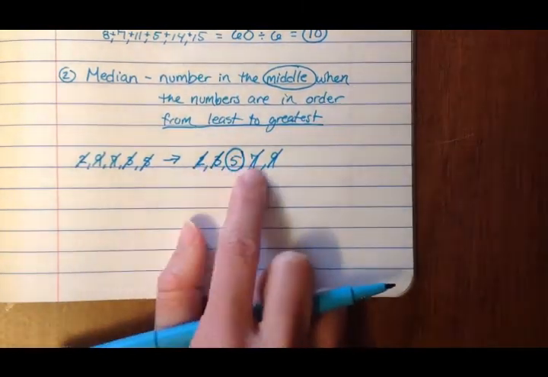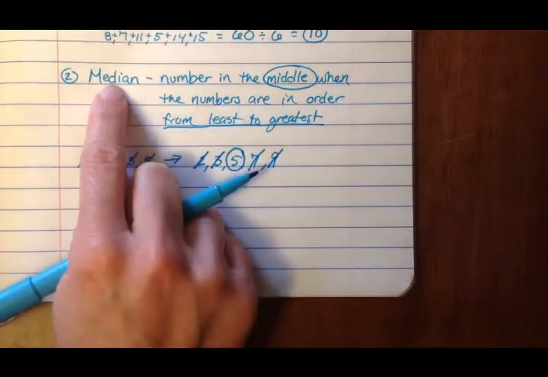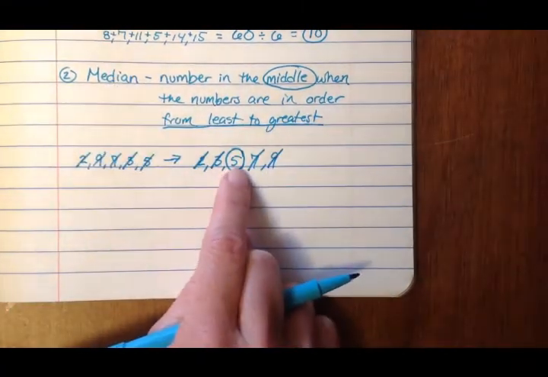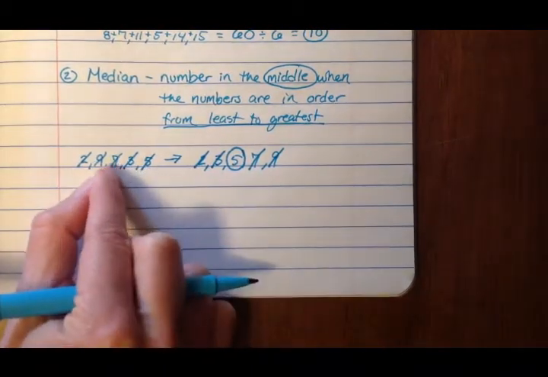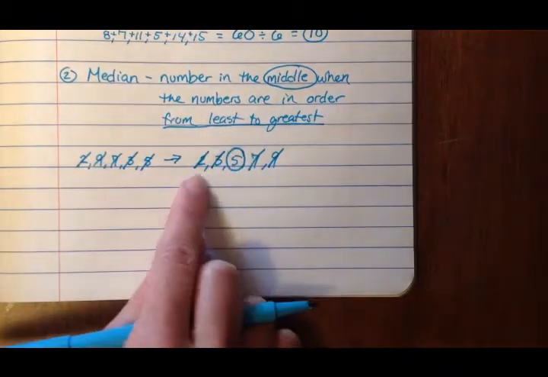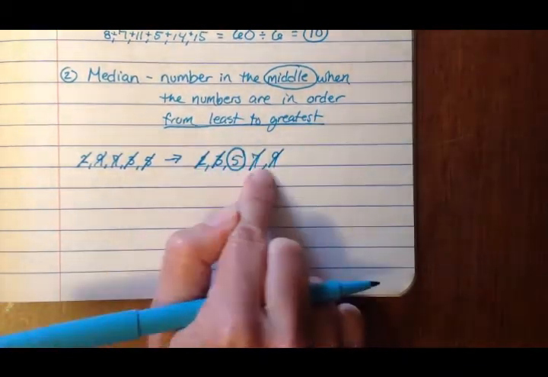Notice I have 2 numbers on this side, 2 numbers on this side. 5 is your answer for this question. The median number is 5. 5 is in the middle. Now notice if we had looked in the middle of the original list, 7 was in the middle, but they were not in order from least to greatest first. So we want to make sure we order from least to greatest first, then find the middle.